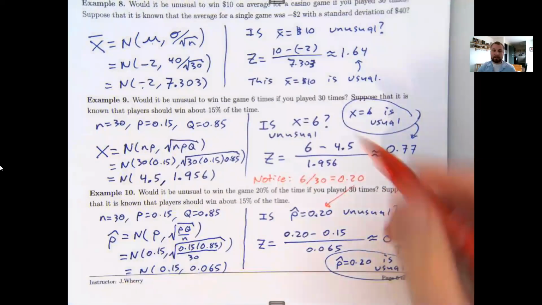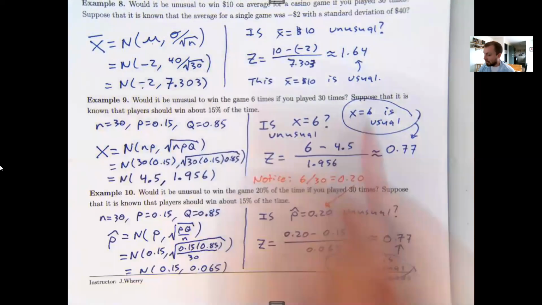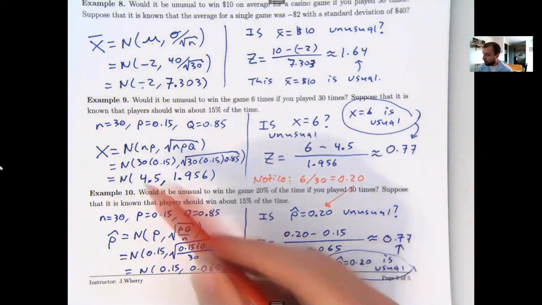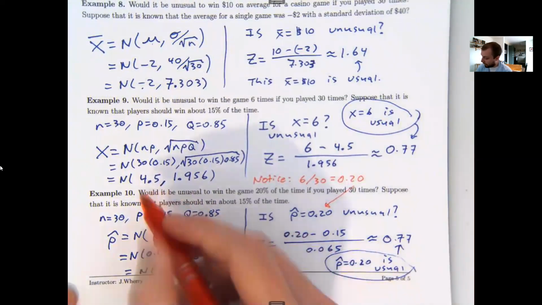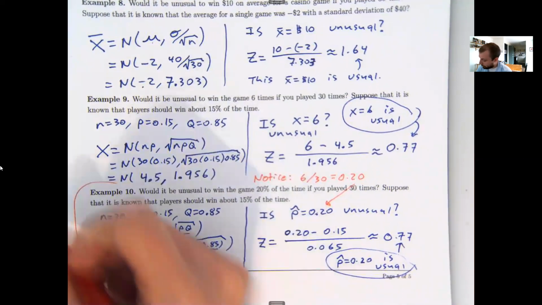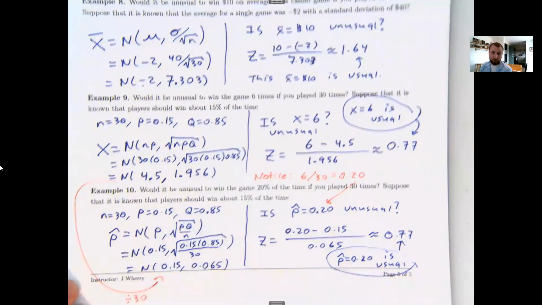So this is really the same question that's been written about counts here and about percentages down here. So I'm getting pretty much the same answer for my z-scores when I compare them. In fact, I can go from this 4.5 to this 0.15 by dividing by the total number of trials, 30.